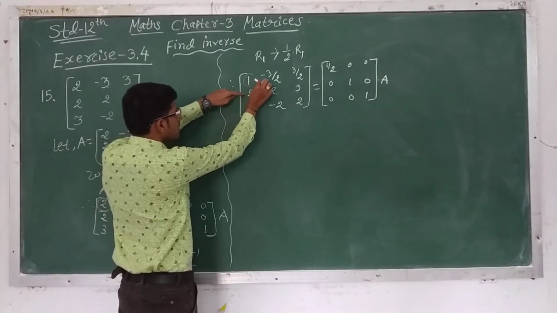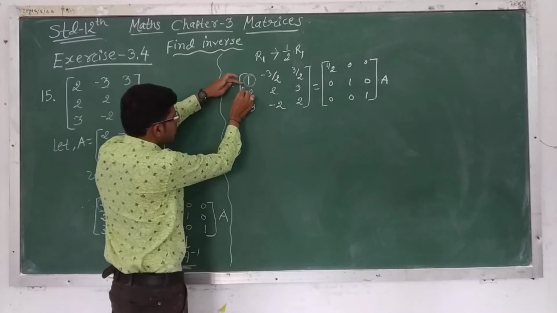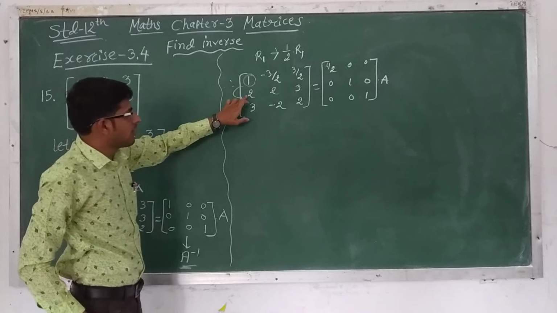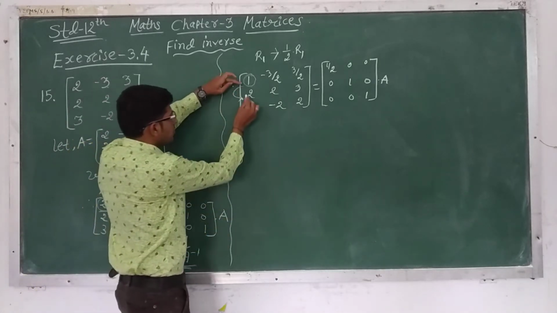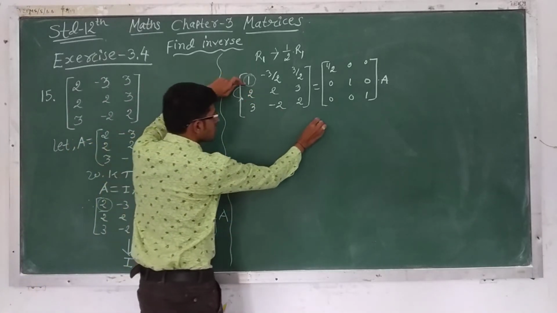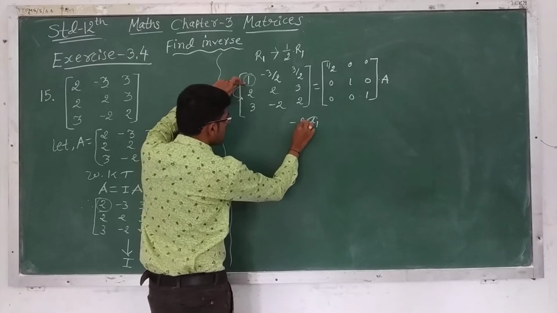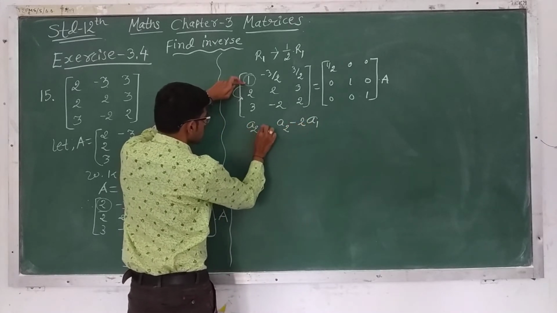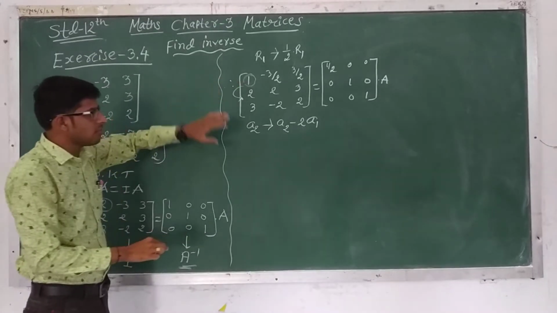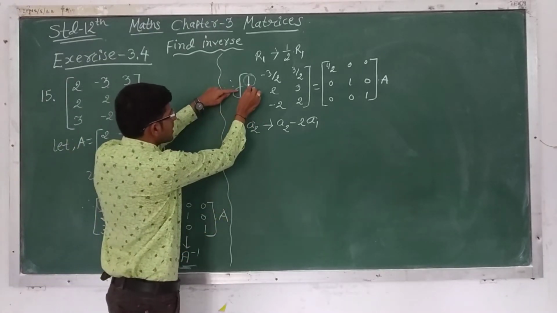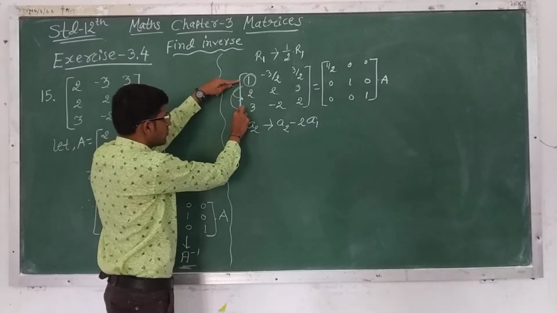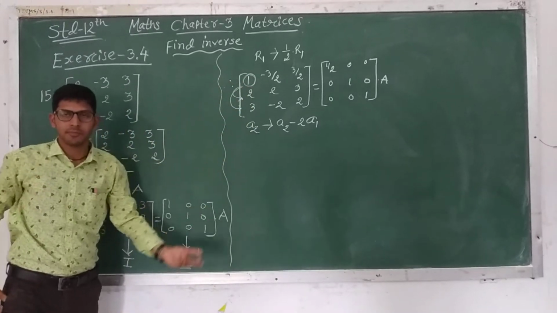Okay, what is our next step? The first element is 1. Next we have to make the a21 element 0. So we multiply the first row by minus 2 and add to the second row. Same thing, we multiply the first row by minus 3 and add to the third row. So we have to apply two operations.